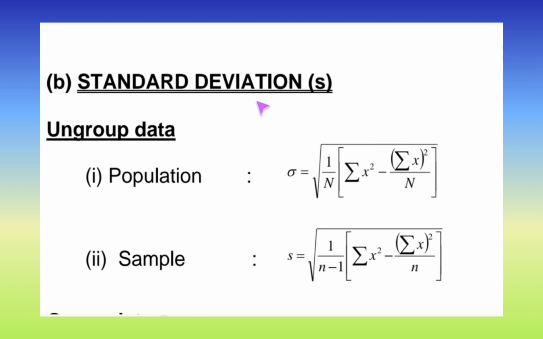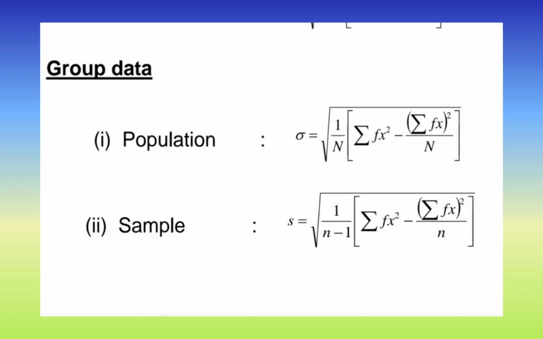To find the standard deviation for ungrouped data, we just square root the variance, for population and sample. For grouped data, we also just need to square root the value of variance that we already had before.